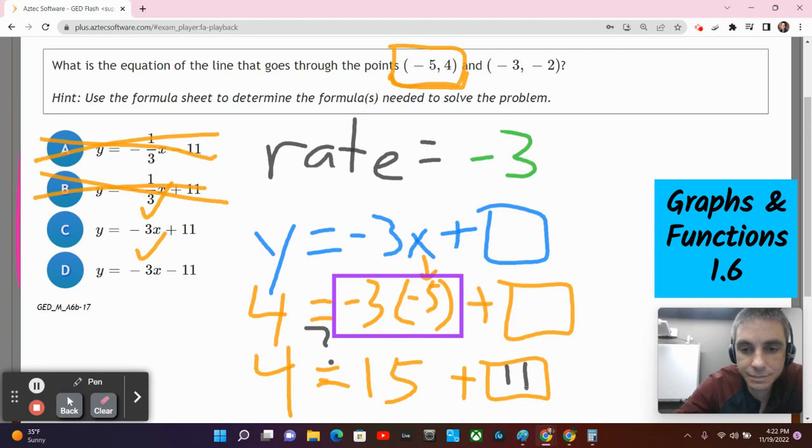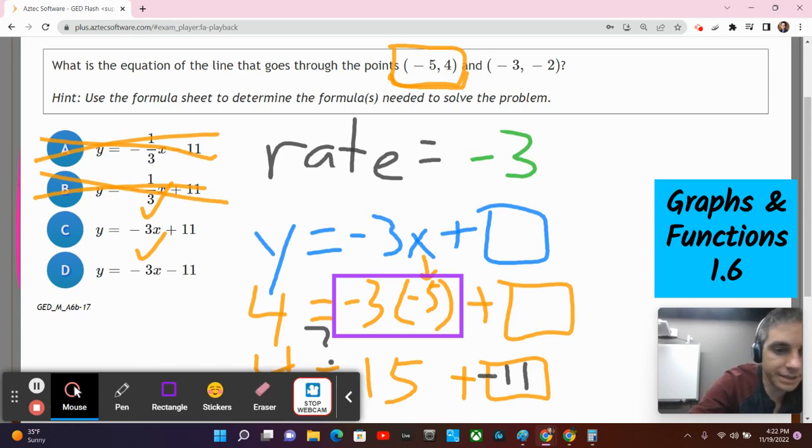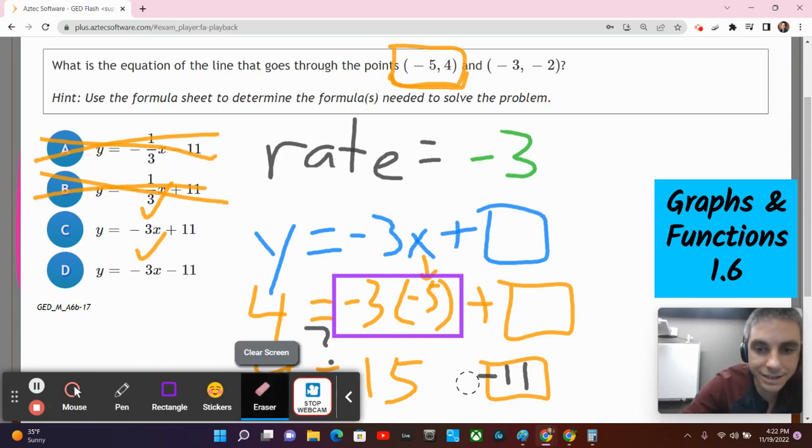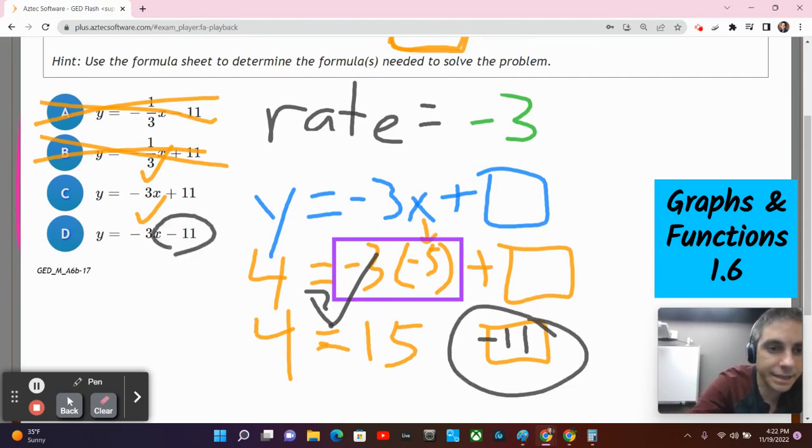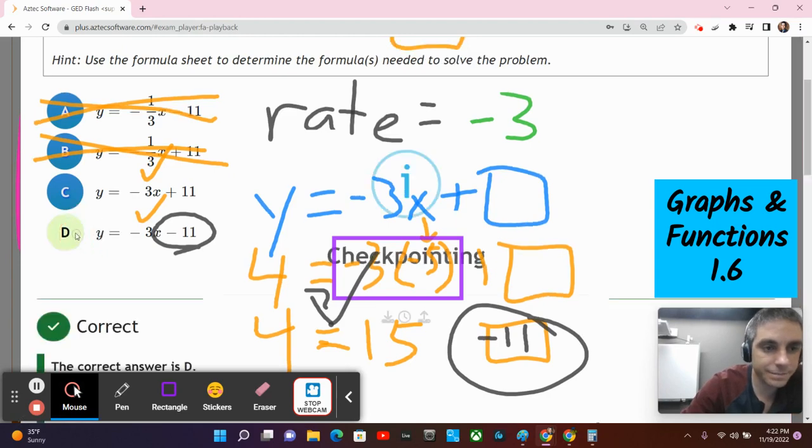So that means it has to be negative 11, because 15 plus negative 11, or you could even just put it like this, 15 minus 11 equals 4. So negative 11 is the number that would make that true. Therefore, negative 11 must be the number at the end, and that makes D our final answer.